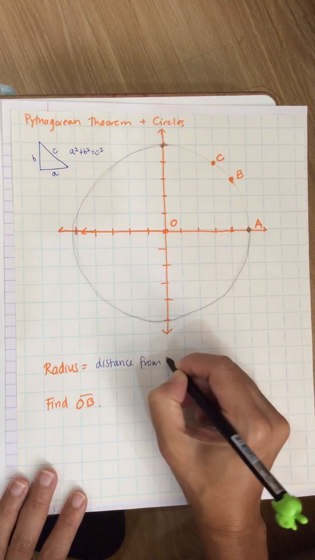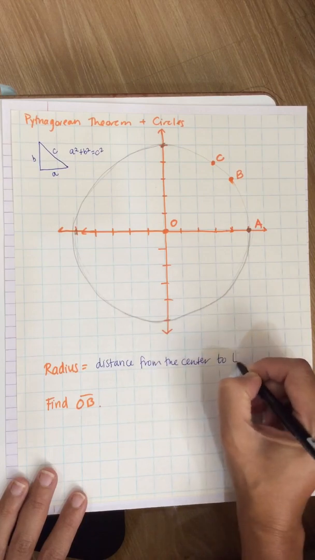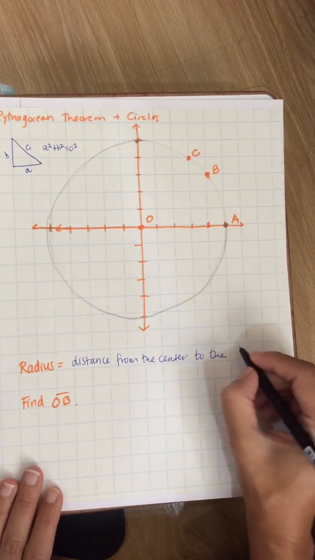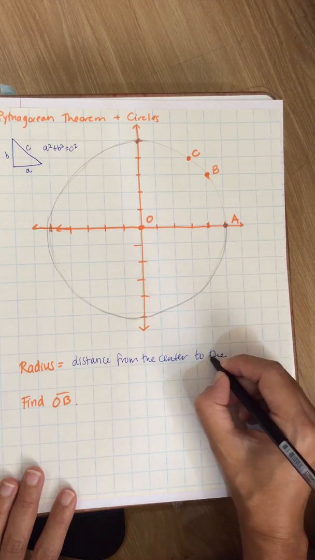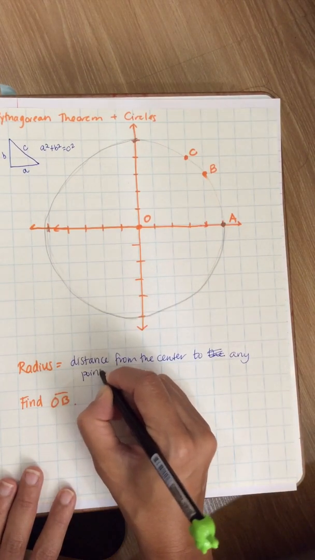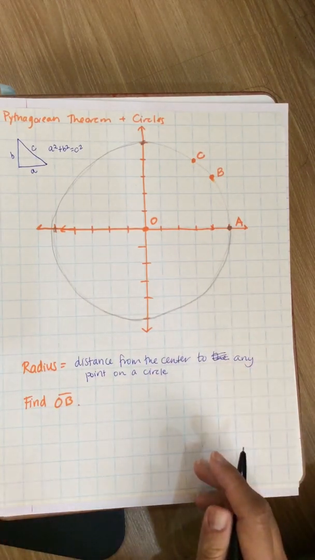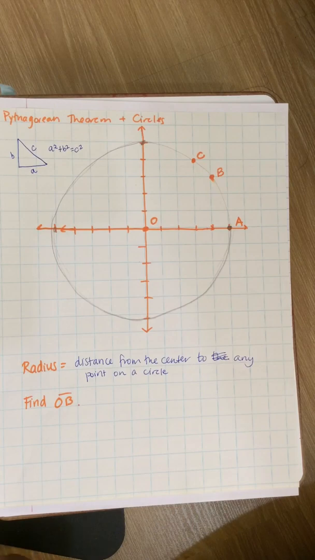from the center to any point on a circle. Let me get a different color. I'll use this pink maybe.